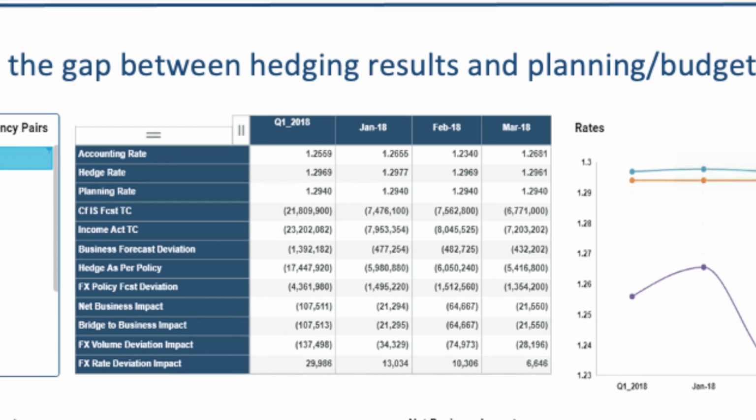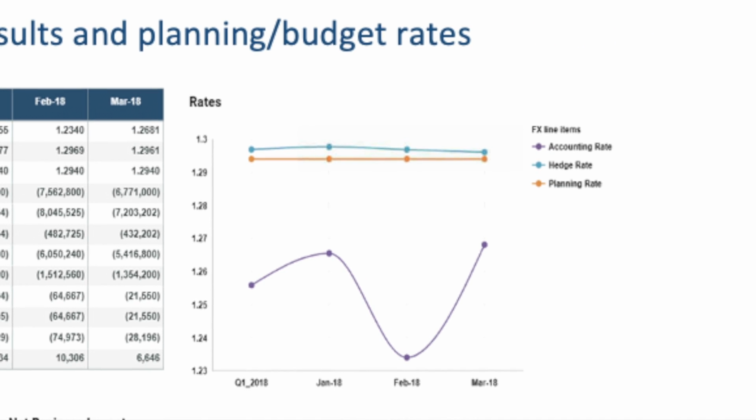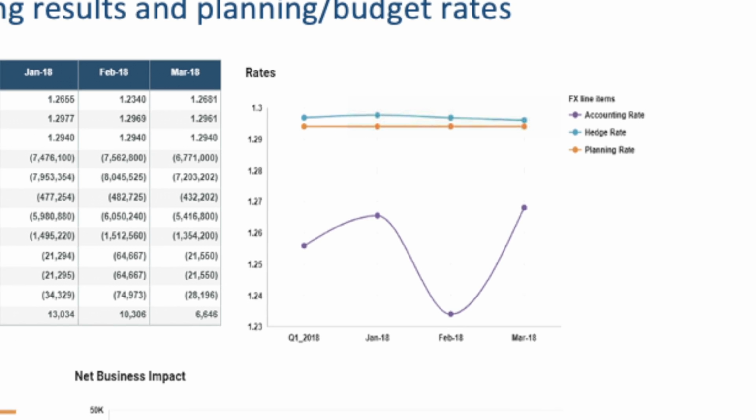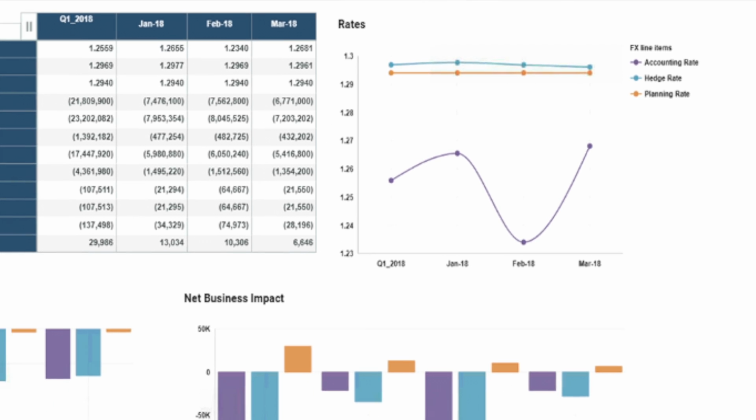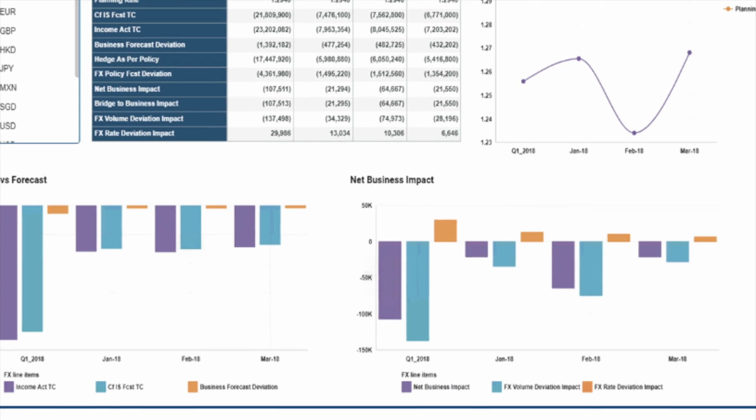And you can see this graphically where you see your different rates on the right side and some analytics below to show this information. So being able to see this information for every currency combination, every entity combination, especially if you're allocating these gains and losses back to the businesses, is crucial in having everyone at the company understand and be more involved in the FX hedging.